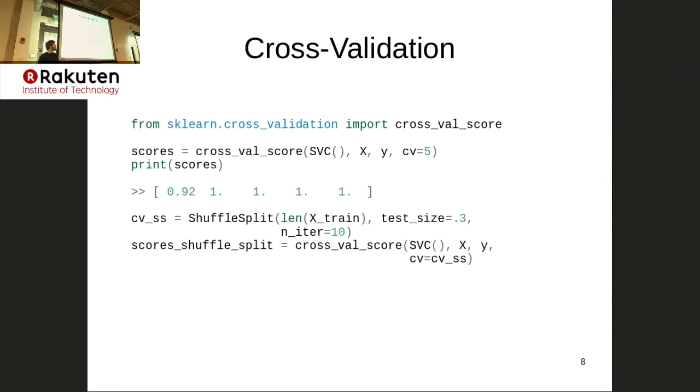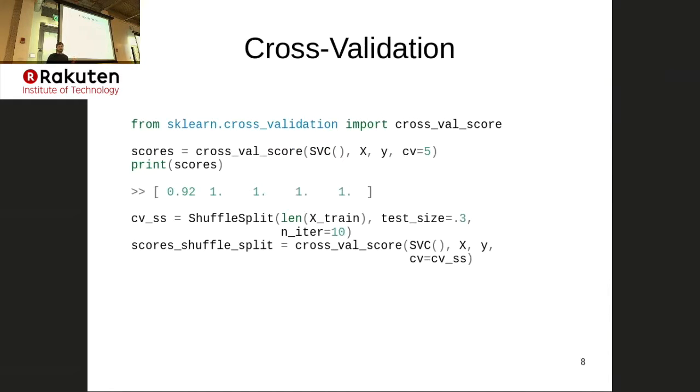But you can also change the cross-validation methods. So CV can either be an integer that gives you that many k-fold cross-validation, or it can be a cross-validation iterator, which are these classes like the shuffle split here. And these classes are some different ways to do cross-validation.